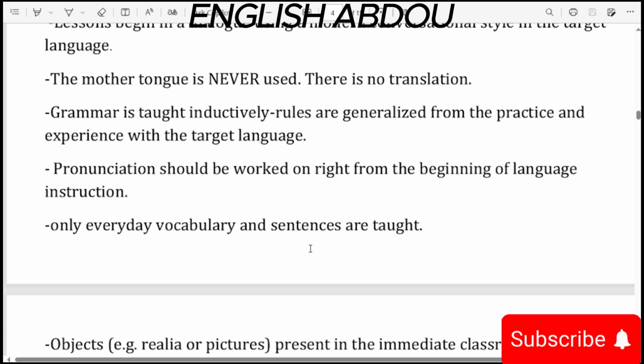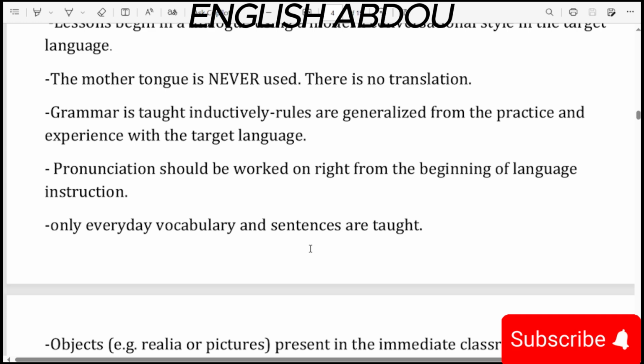Okay, only everyday vocabulary and sentences are taught, meaning everything that we can use in our daily conversation. This vocabulary is taught inside class in order to help students understand it in a clear-cut way.